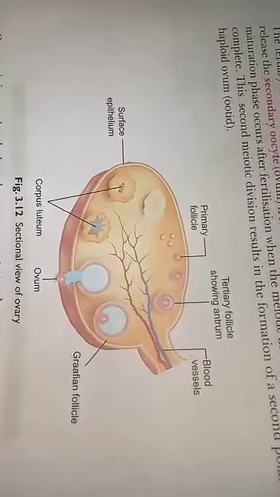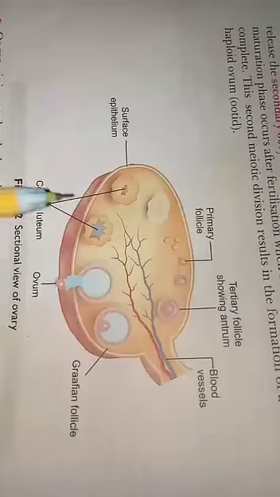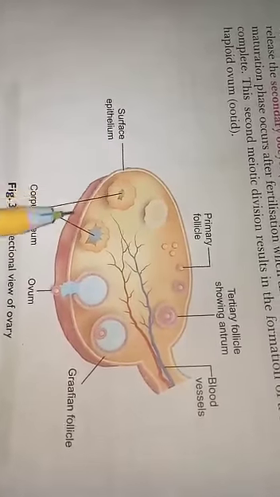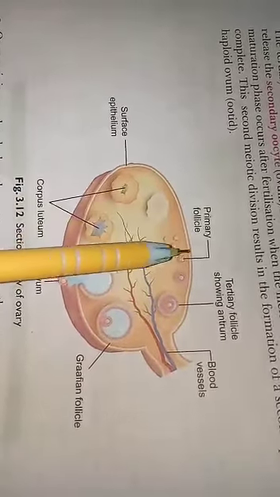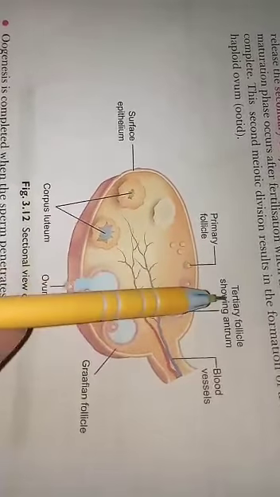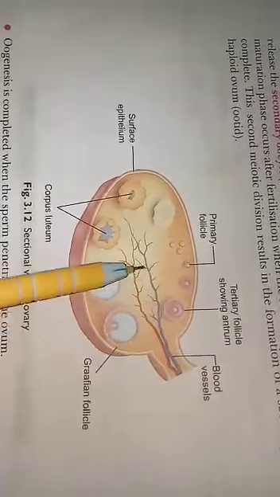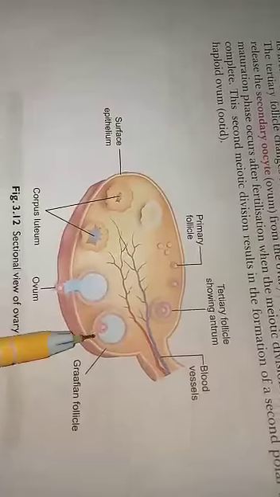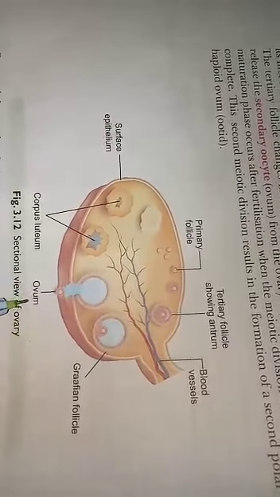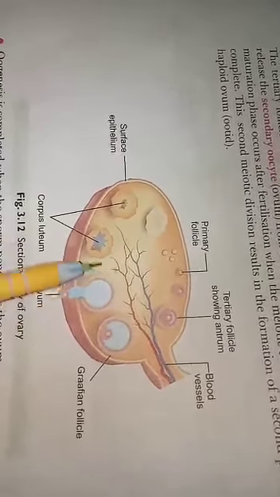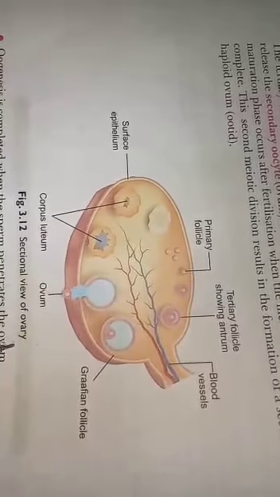You can see the figure of this sectional view of the ovary, in which this is the surface epithelium and this is the primary follicle, which gets converted into secondary follicle, then tertiary follicle. These are the blood vessels, these form the Graafian follicle, and then the ovum is formed and the corpus luteum works. So this is the sectional view of the ovary.